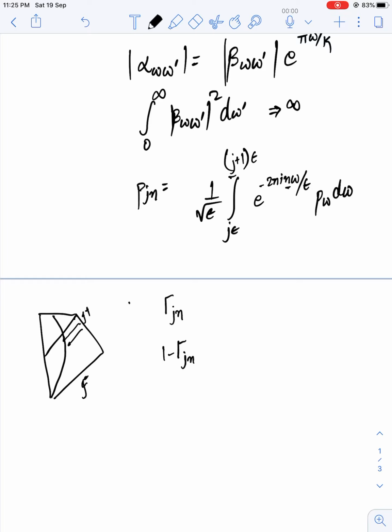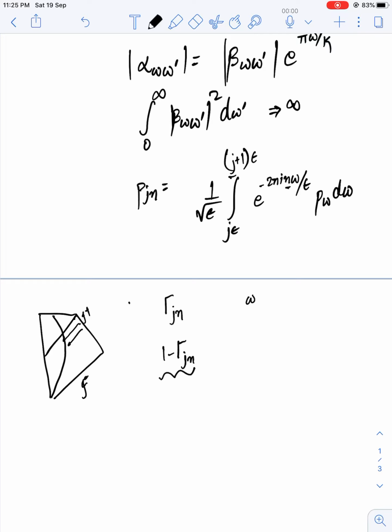The gamma jn are the fraction of packets which are going to get scattered in such a fashion. The scattered frequency will be the same as the incoming frequency, while the 1 minus gamma jn will be the ones that are going to go inside the collapsing body and then get scattered there.